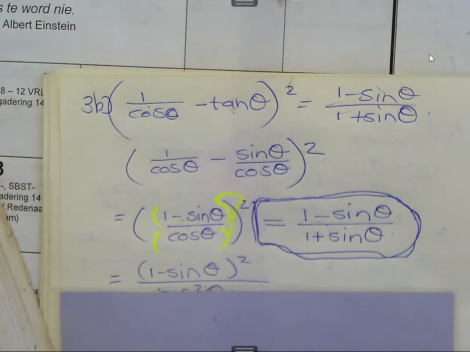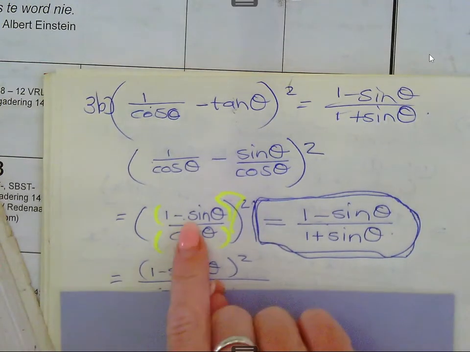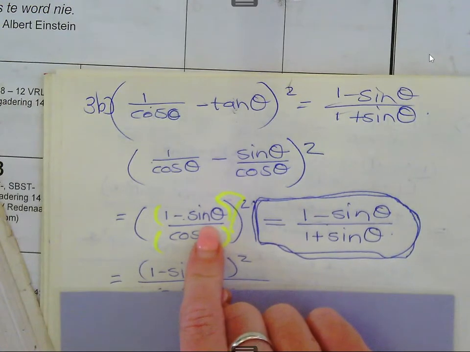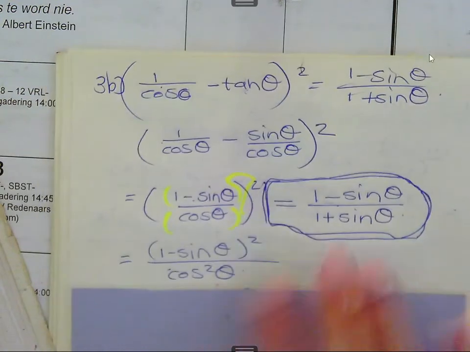If there are two terms, it's in brackets squared. Do you understand, grade 11s? It's very important. And you can see if you did that wrong, it makes an enormous difference. Because if it was 1 minus sin squared, except for the brackets being different, it's also cos squared, which it's not. Okay.